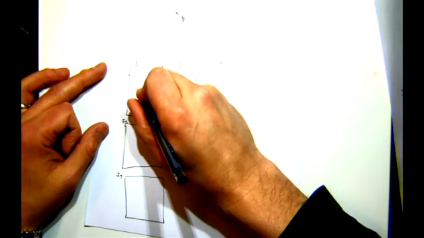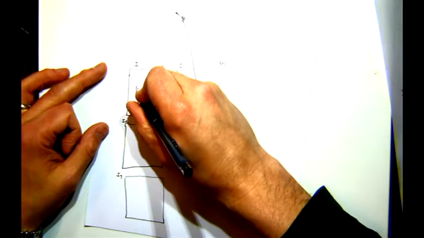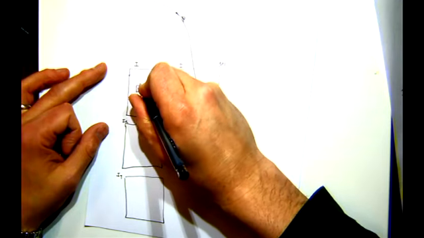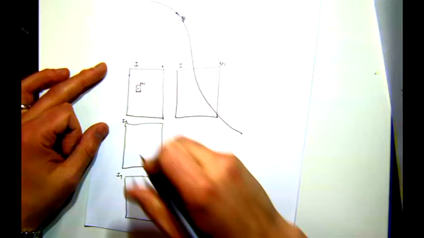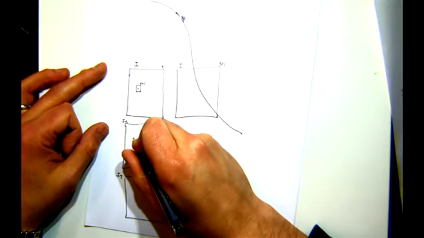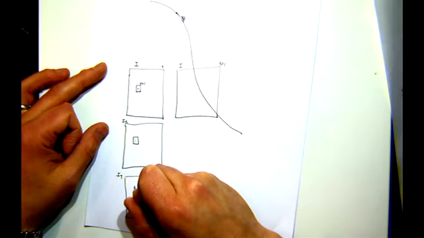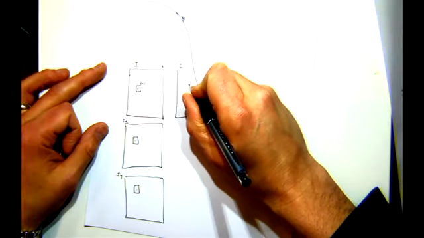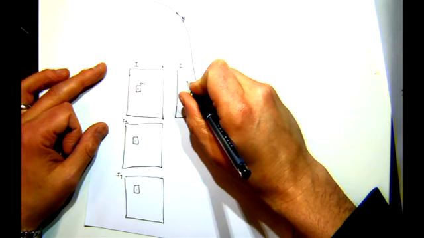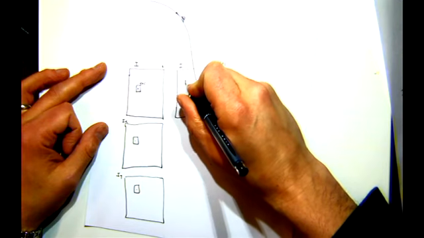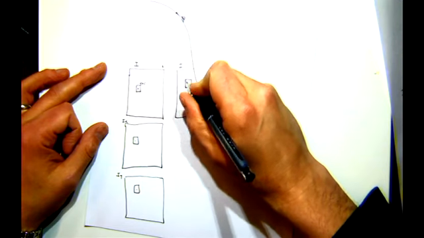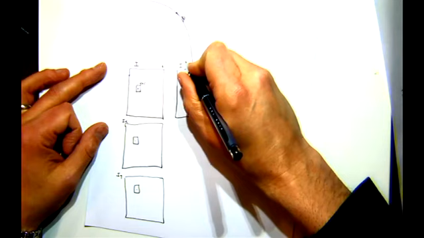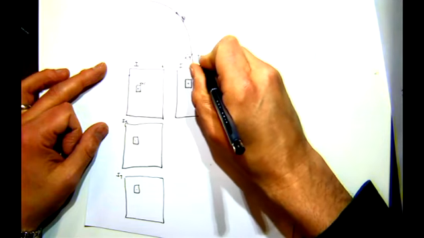So I've got some point here. Let's for now say it's a 5 by 5 window, and the same location in each of these. Initially my estimate is that x prime, y prime is equal to x, y.